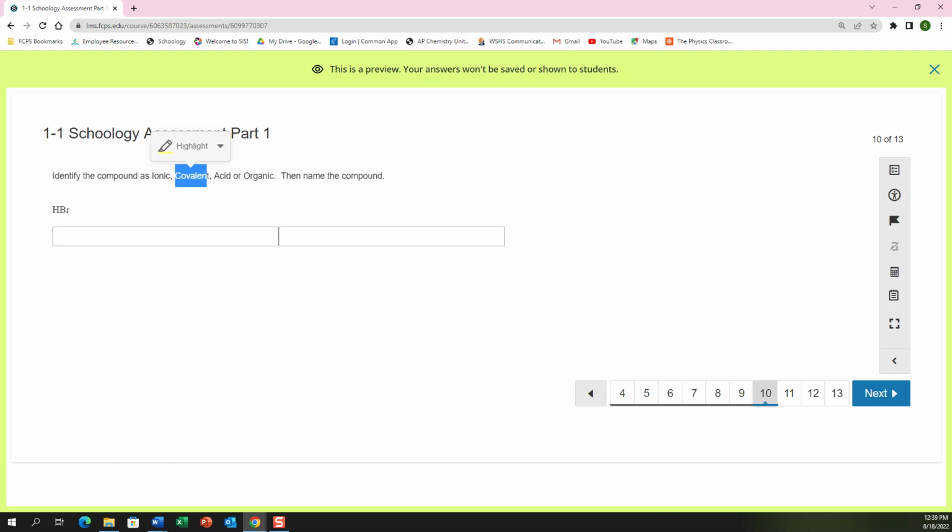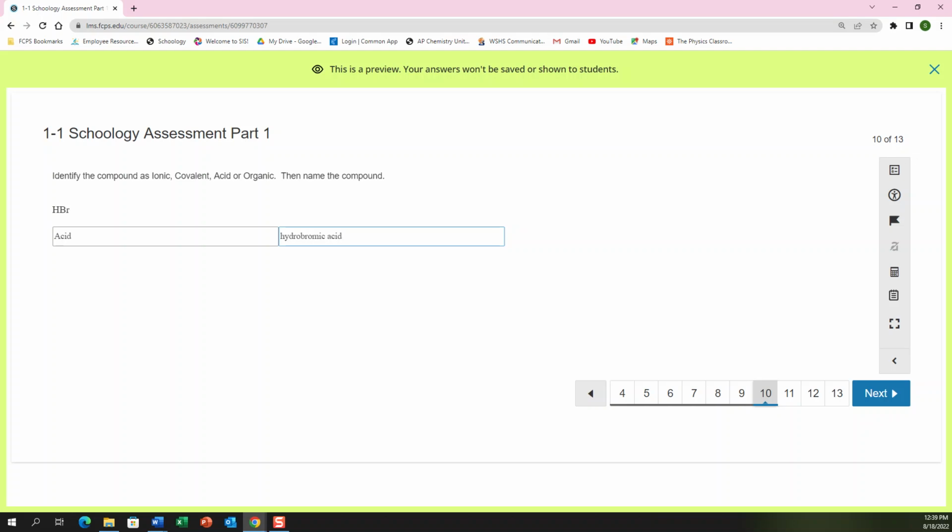The other thing is, if it was HBr aqueous, AQ, then it would be an acid, and you would name it as an acid. If it was HBr gas, then you would just call it hydrogen bromide, okay? But I want you to name it like an acid. So H in front is an acid. And then the name would be hydrobromic acid.